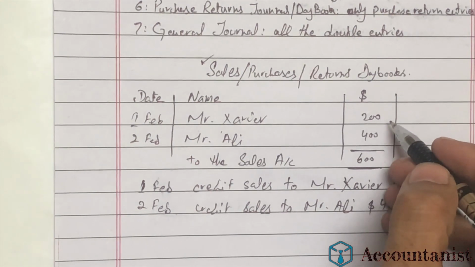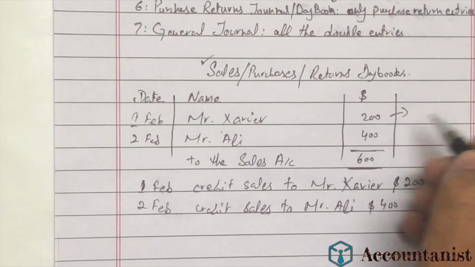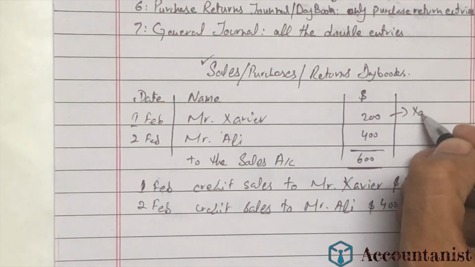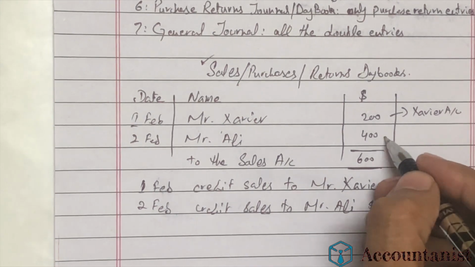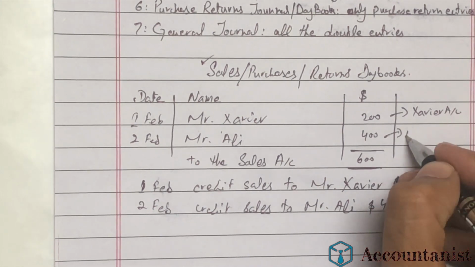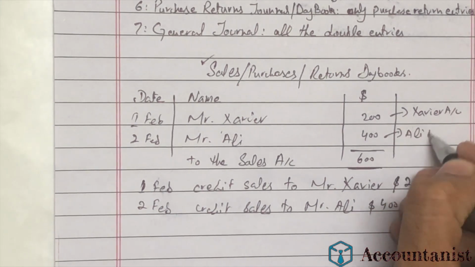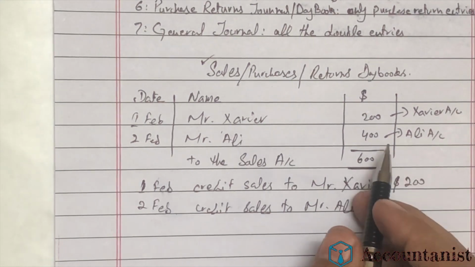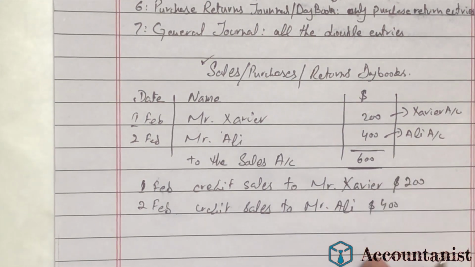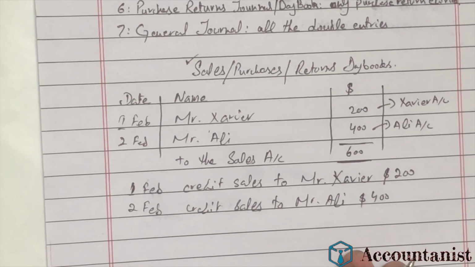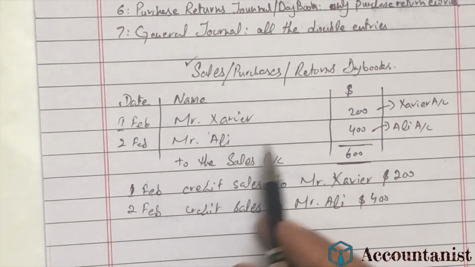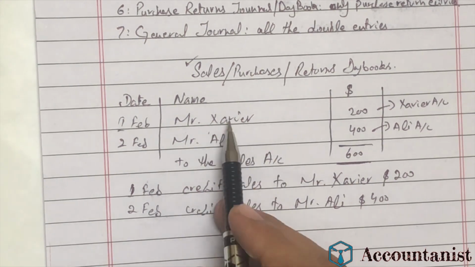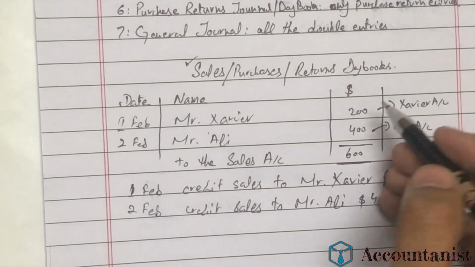These two balances will go, this one to the Xavier account, and this one to the Ali account in the sales ledger, in which we make the customers' T accounts. So this is how we make these entries.